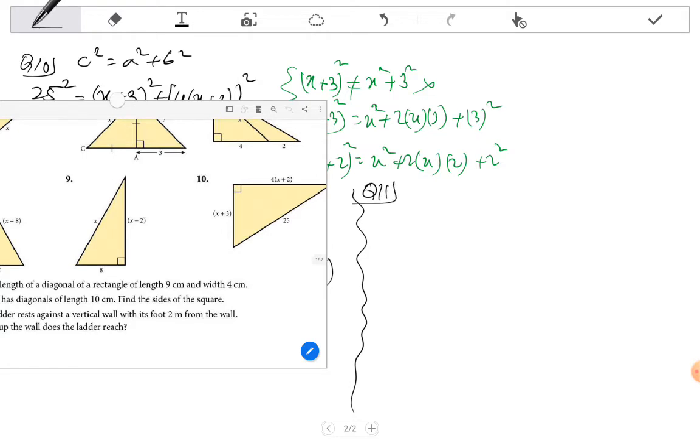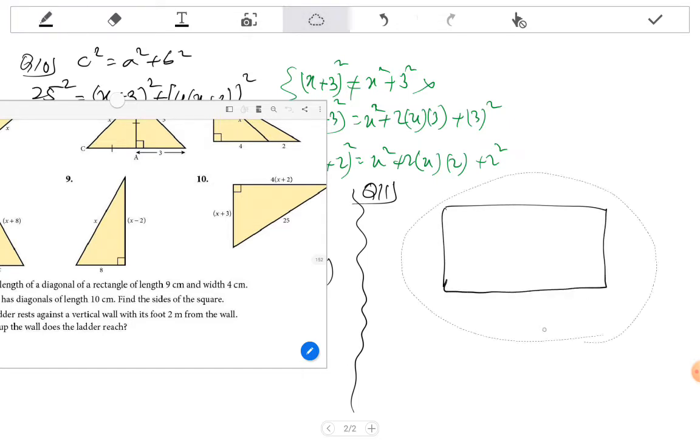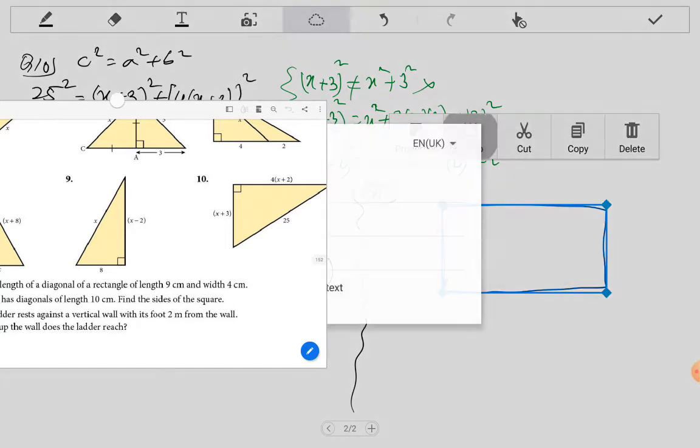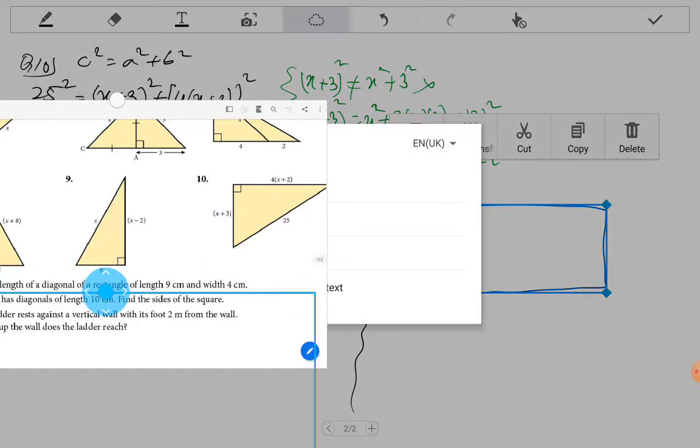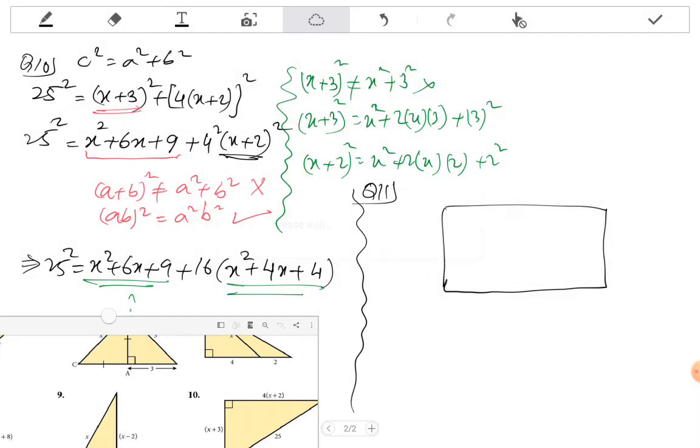Question number 11 is based on a rectangle shape. So first I should draw a rectangle here. Now I should select, transform into a well shape. So it becomes a rectangle now.